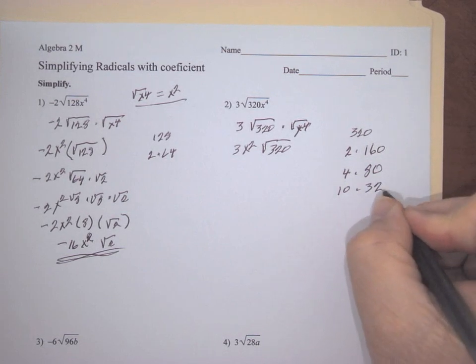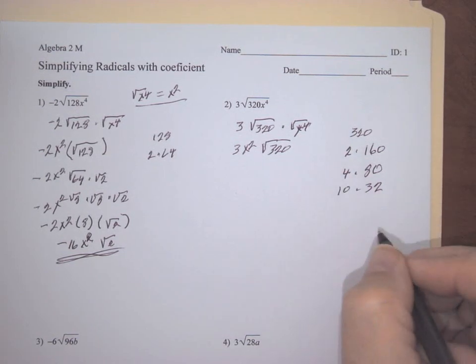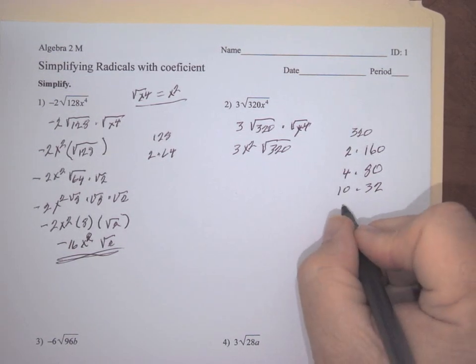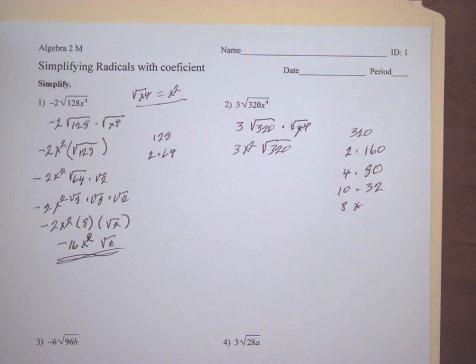Nope, that doesn't do it. Let's pick something in between here. Let's say we got 8. 8 times, 320 divided by 8 is 40.